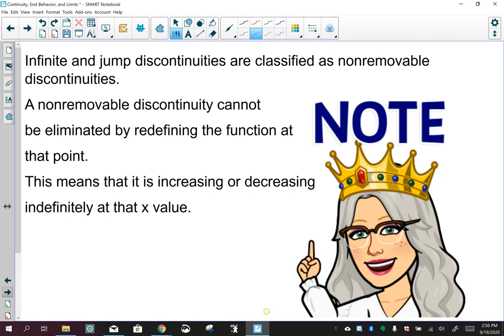Infinite and jump discontinuities are classified as non-removable because you're not removing anything. You're not canceling anything out. And as such, they are non-removable. So when you see those specific words, just make sure you understand the only removable discontinuity is your hole. The other ones are all called non-removables because you cannot remove anything from the actual equation.